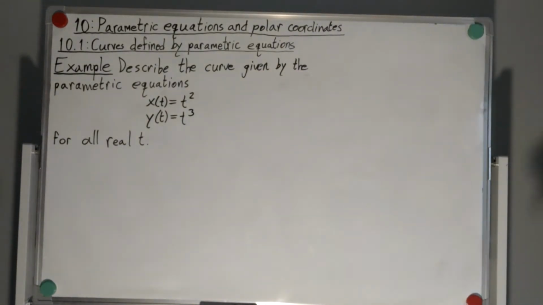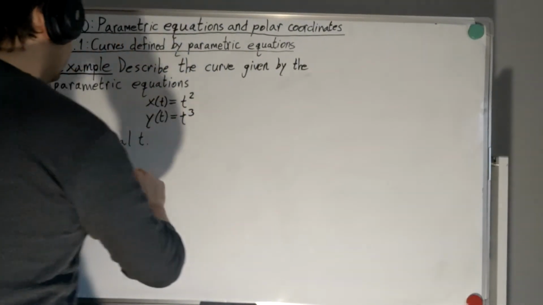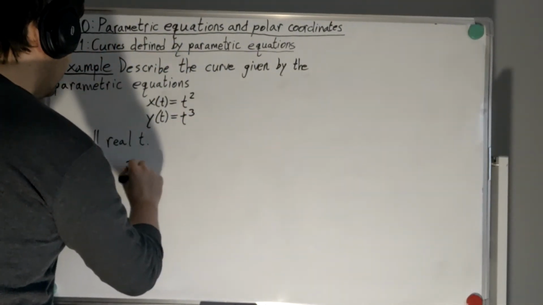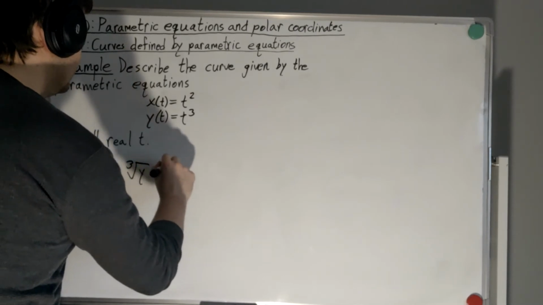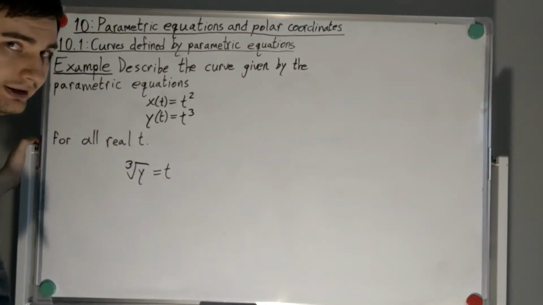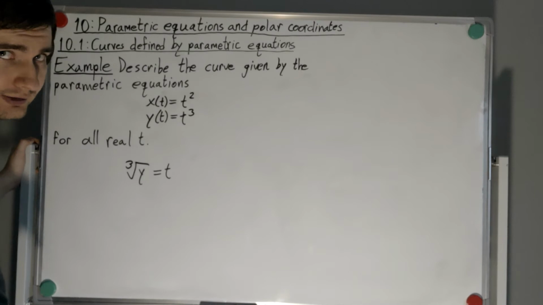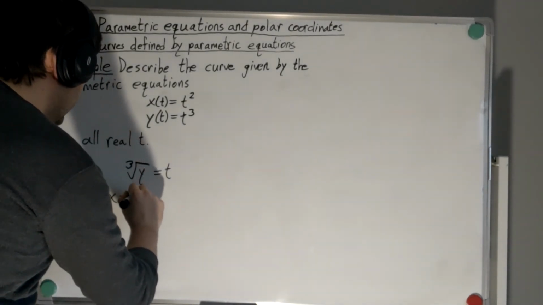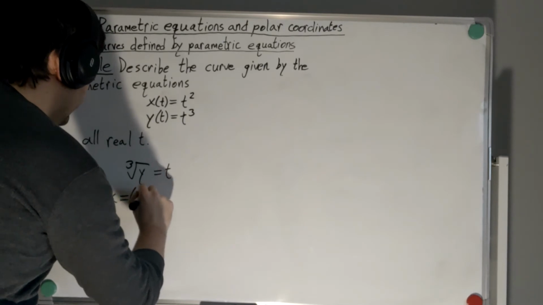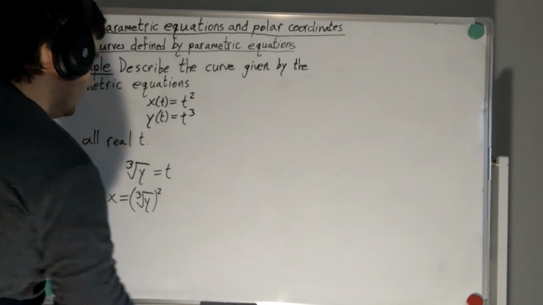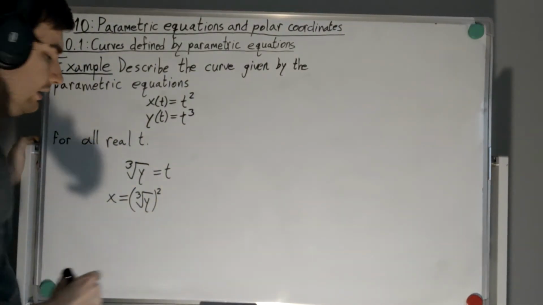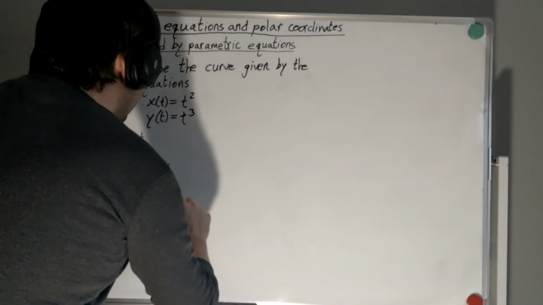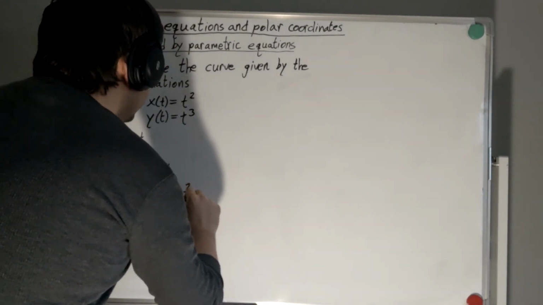Well, x equals t squared, y equals t cubed. This would mean that the cube root of y is equal to t. And then apparently if you square that, you get x. So x is going to be the cube root of y squared. And we have a notation for that. That is literally what we mean by y to the 2/3.